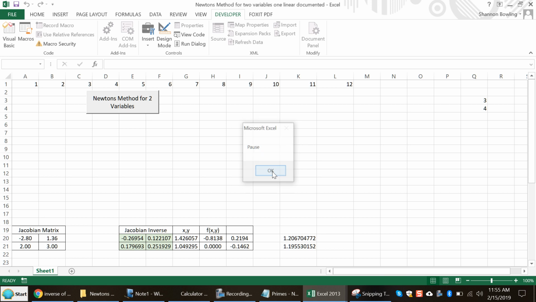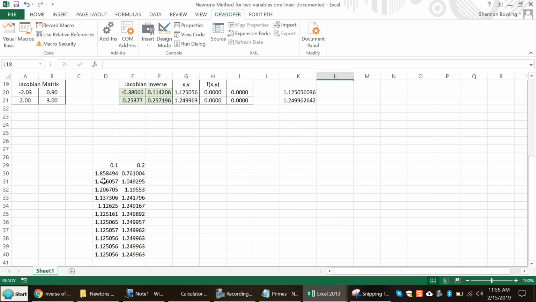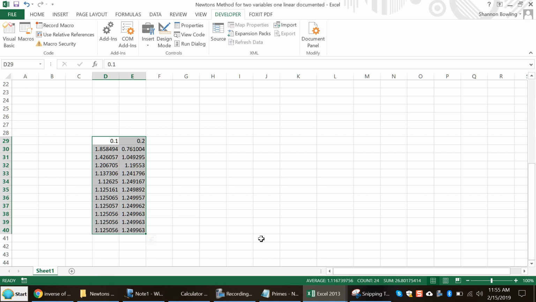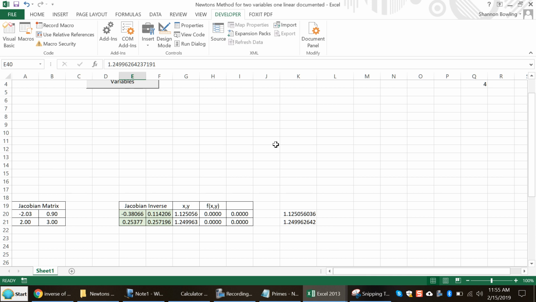Now watch this. I have to recalculate the Jacobian matrix each time because that's dynamic. Do you see how these numbers start converging on a number? I basically just report them here. Once I get to like 6, 7 decimal places, it stops.